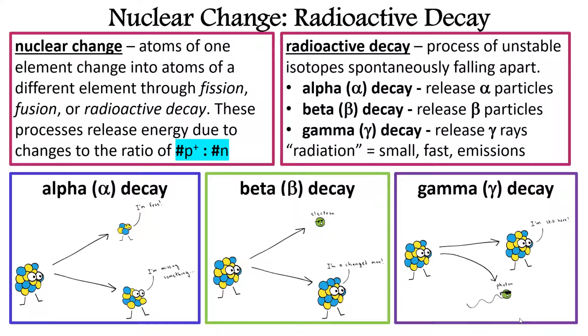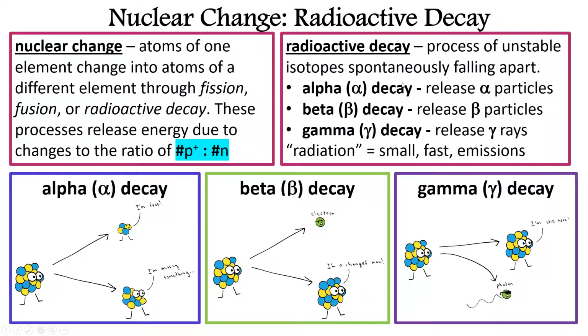So radioactive decay is the process of unstable isotopes spontaneously falling apart. That's different than fission or fusion, which had other things initiating those. This is just happening kind of on its own timeline. There are three main types of radioactive decay: alpha decay, beta decay, and gamma decay.